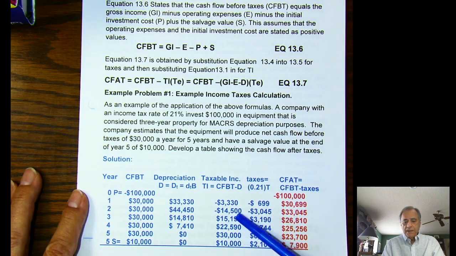So then I multiply that times the tax rate to get minus $3,045 as my tax for that, due to that piece of equipment or that project.